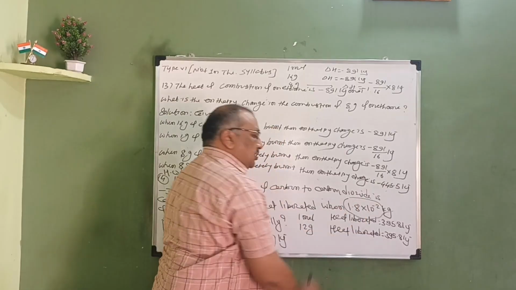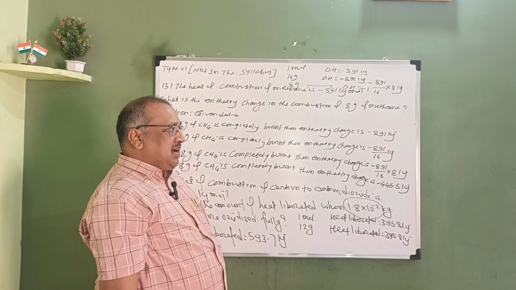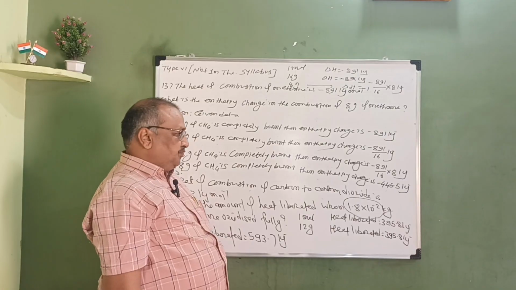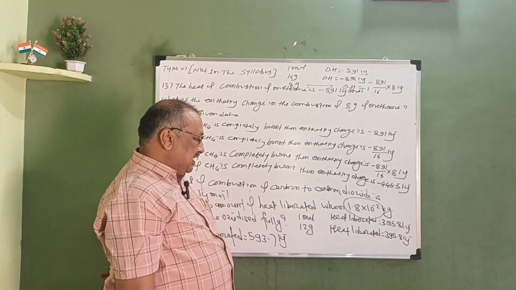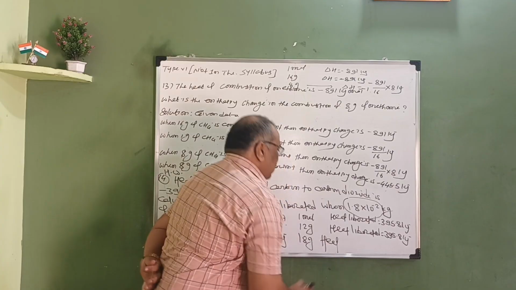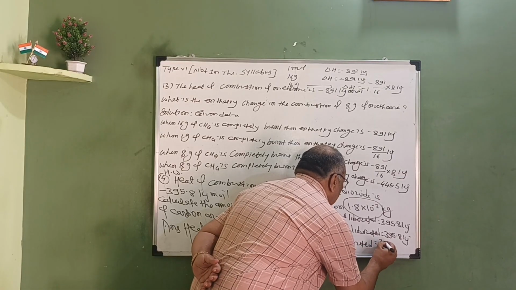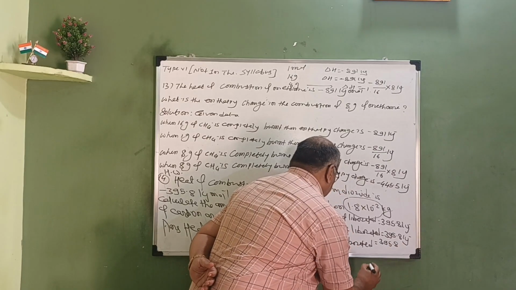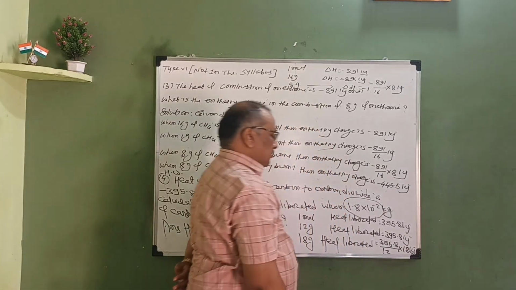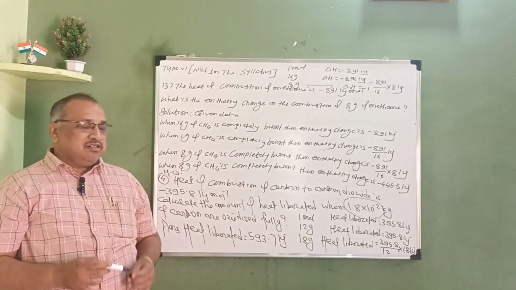Now this much as the kilogram, that is 18 into 10 to the power minus 3 kilogram. Convert it into gram, which is equal to 18 gram. That means here 18 gram heat liberated equal to 395.8 upon 12 into 18 kilojoule. Try to solve that answer.